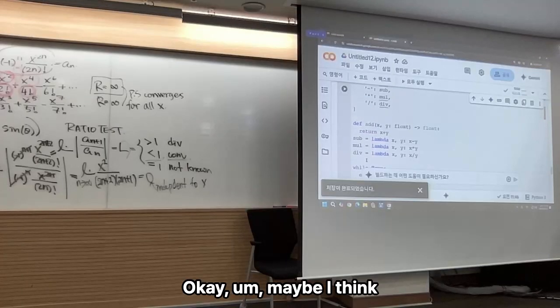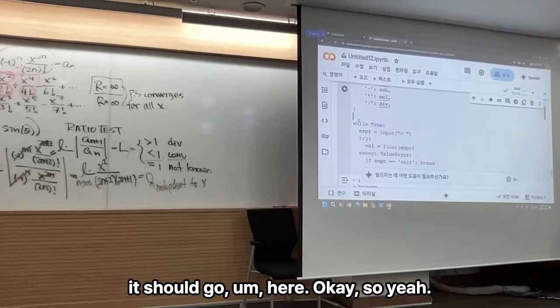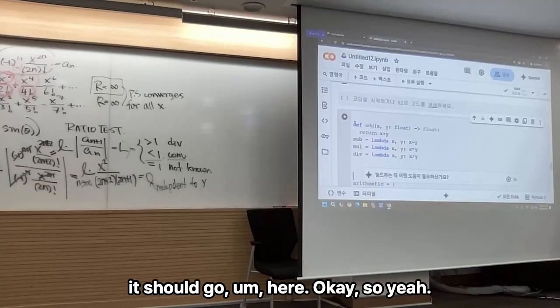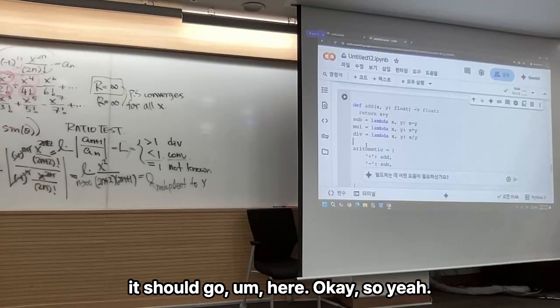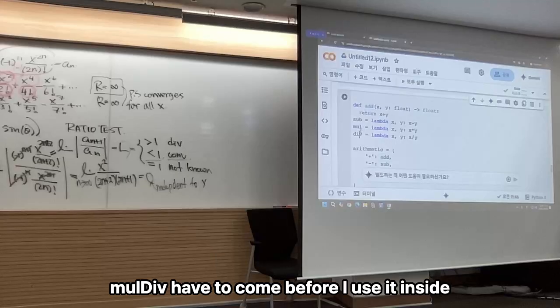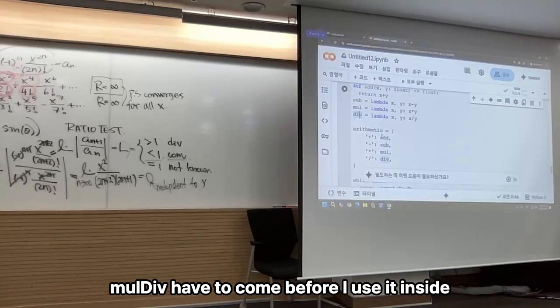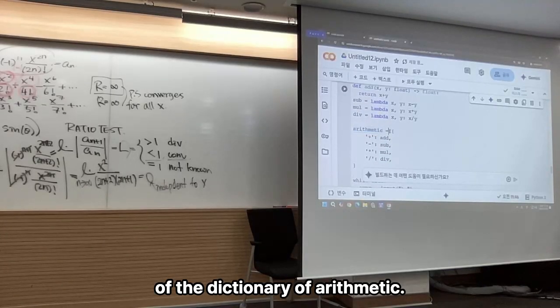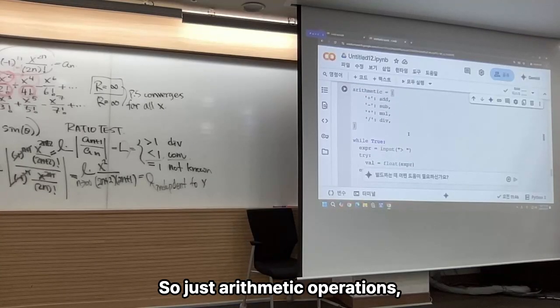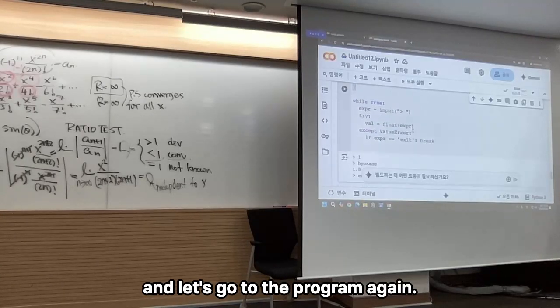Okay, maybe it should go here. So the definitions of add, sub, mul, div have to come before I use them inside the dictionary of arithmetic. Here's arithmetic. So just arithmetic operations.